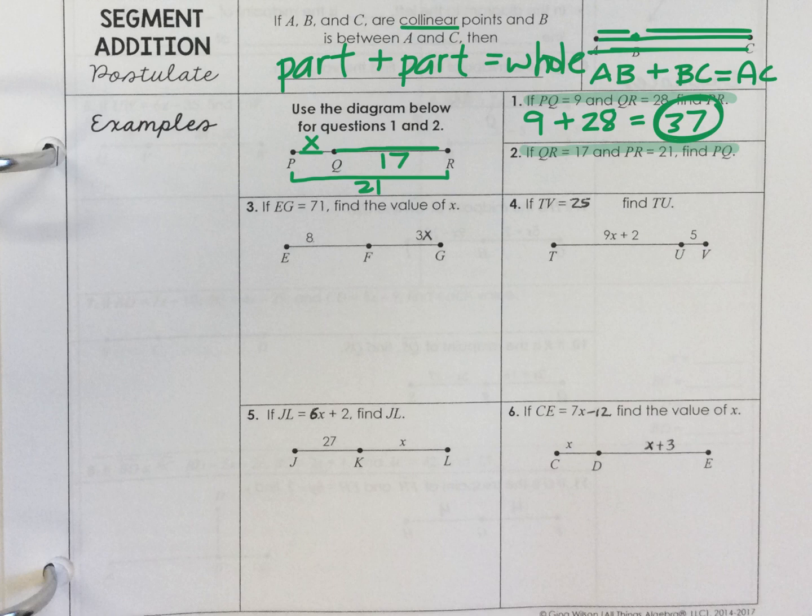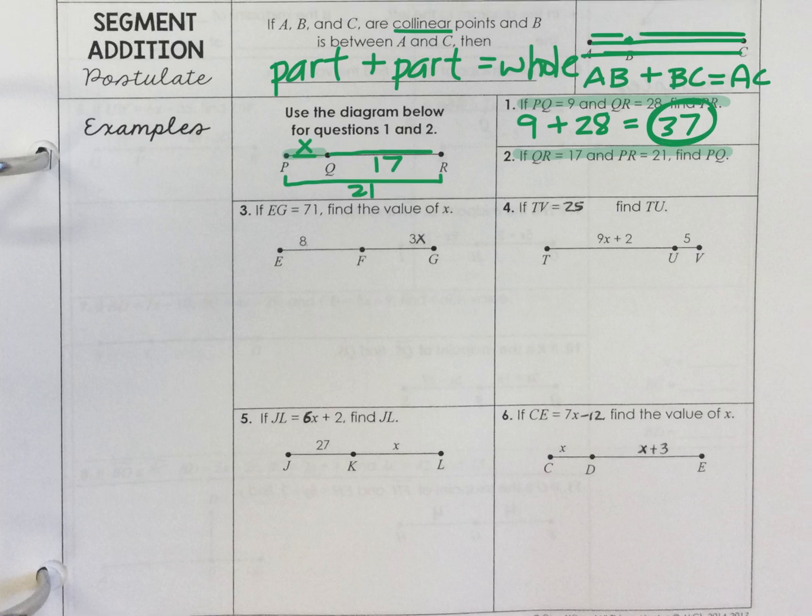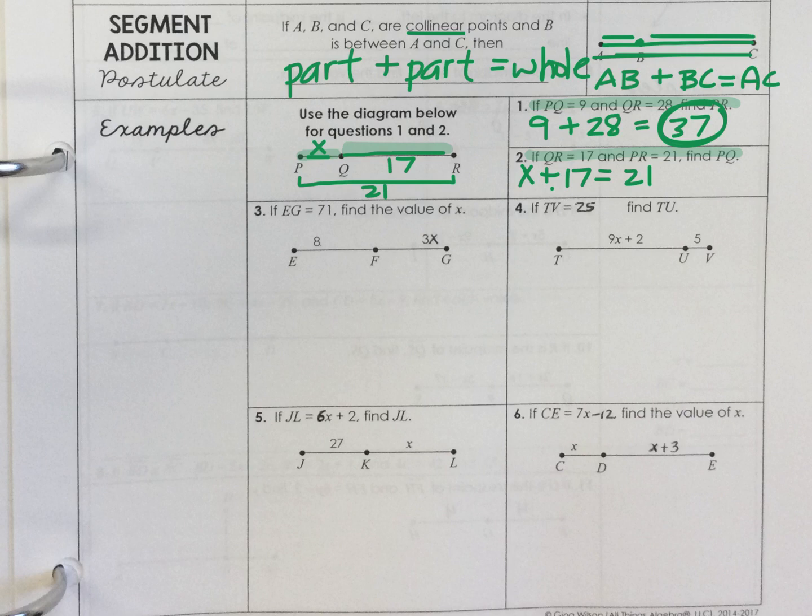So part, my first part I'm looking at is the X. So part X plus the second part right here, 17, equals the whole thing, 21. Okay, I can do this. Minus 17, X equals 4. Okay, we are not done. It said find PQ. Oh, we are done.